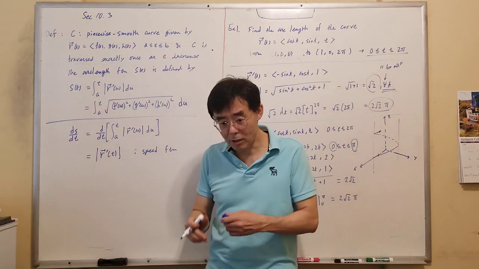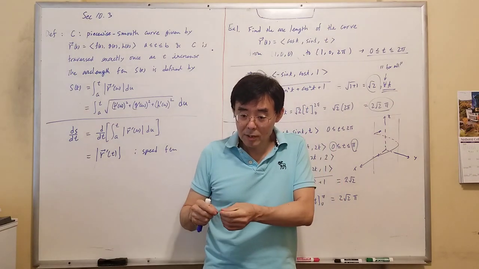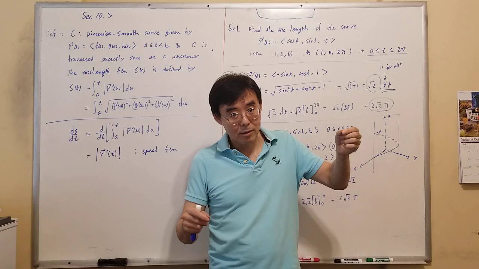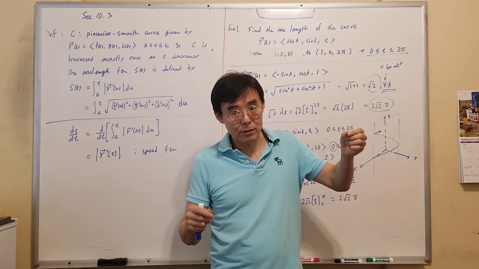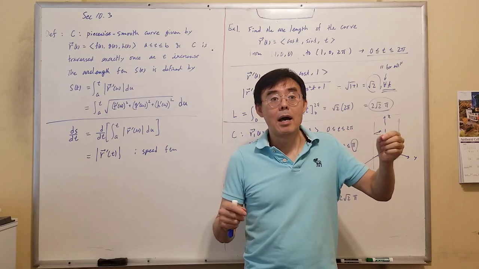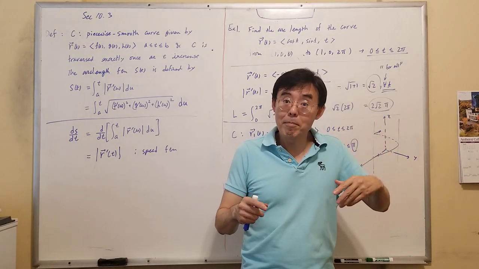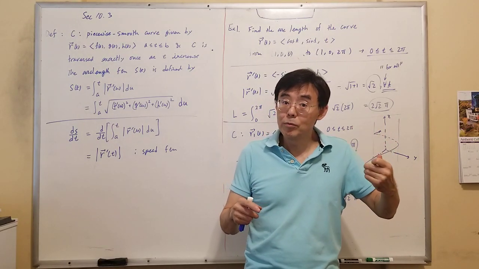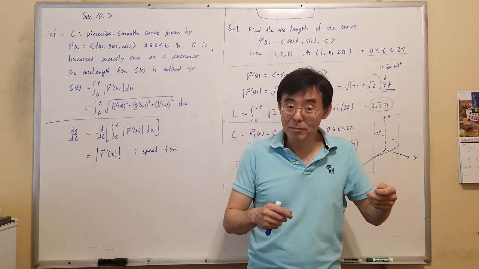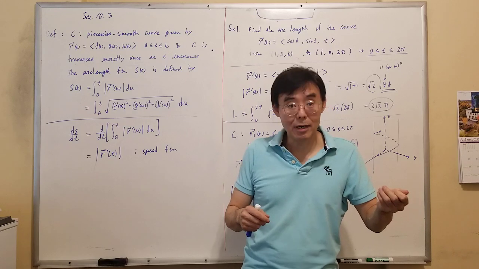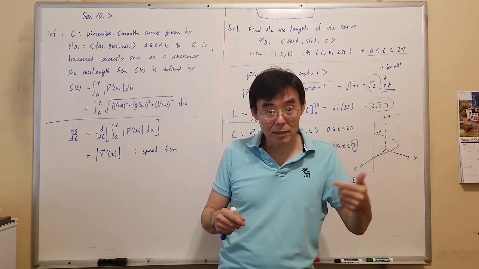Think about it: your arc length measures total distance up to t, so the rate of change of S of t is the rate of change of your total distance with respect to time. Rate of change of distance per unit time is exactly speed.